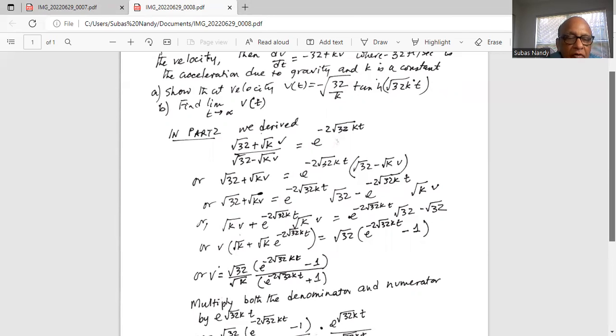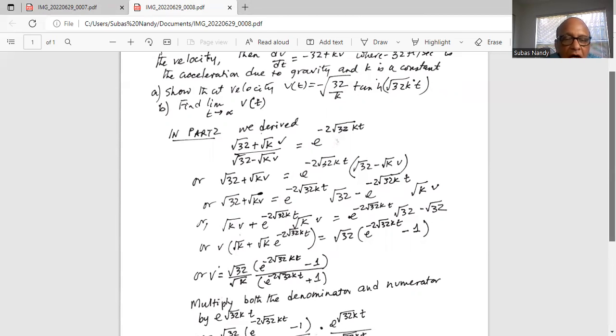So that's what you have in the final expression for v. So v is equal to square root of 32 divided by square root of k, and then in the numerator we have e raised to the power of minus 2 square root of 32k t minus 1.